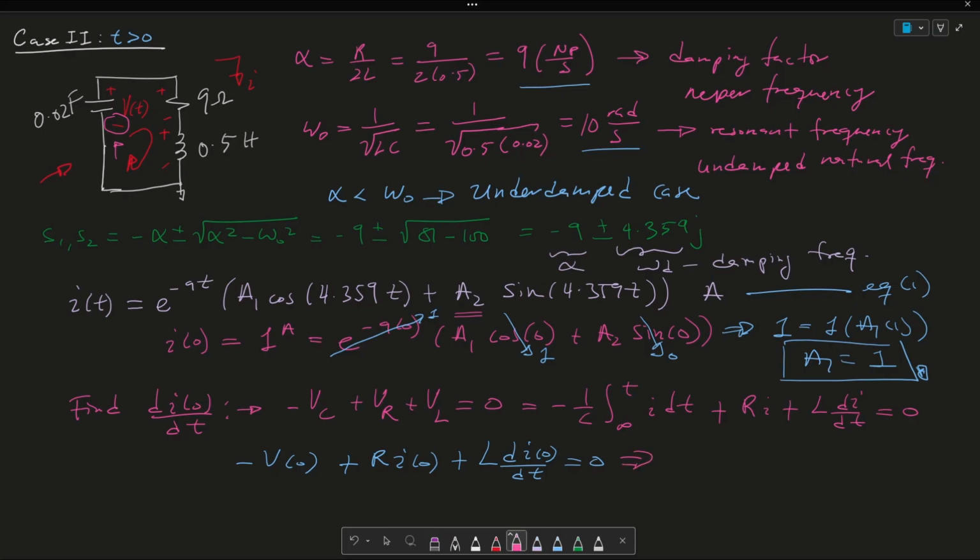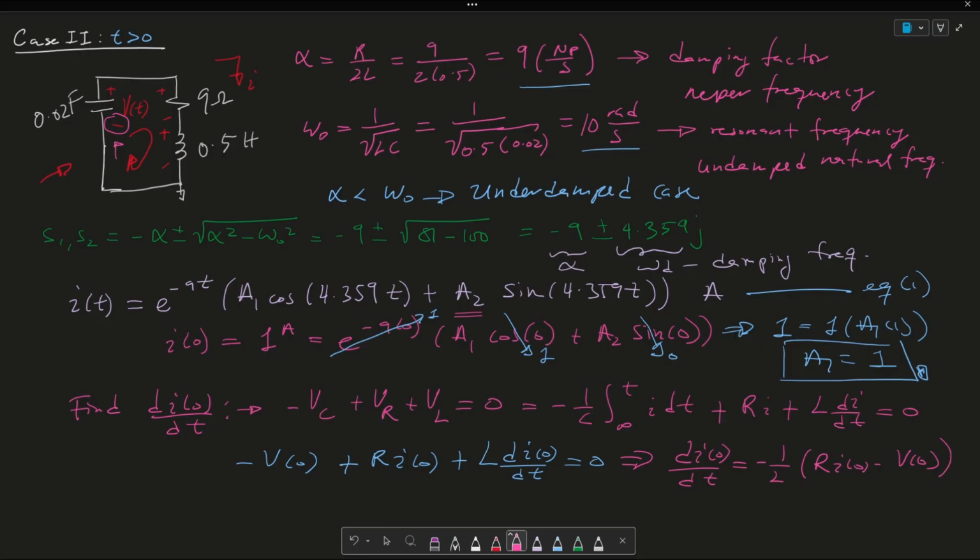And essentially, if we just solve for di of 0 over dt, which is equated to minus 1 over L times R I0 minus V0.